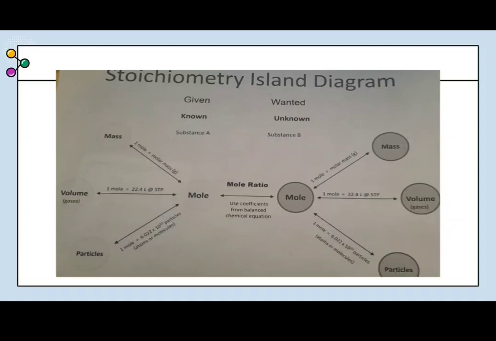The second conversion was from volume to moles. And then from that mole, we went to the mass, finding the mass of methanol. That was how much product we can produce. Once we did that, we subtracted the moles from each other, and then we found the grams of the excess.